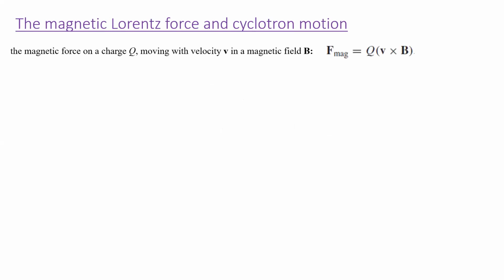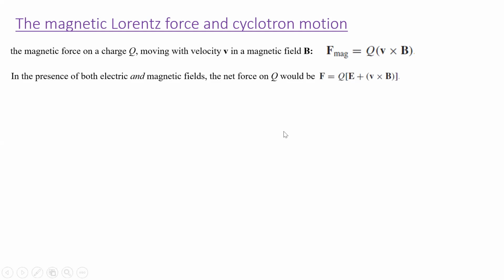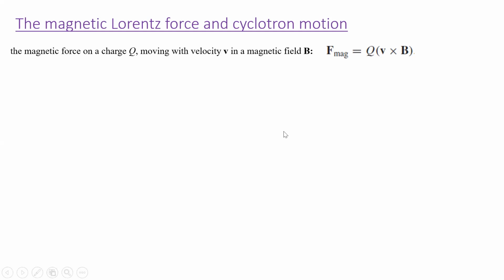So the magnetic force is called the Lorentz force, and generally it gives rise, if we just have a magnetic field and a charged particle, to cyclotron motion. So the force on a charge q moving with velocity v in a magnetic field B is given by this cross product.